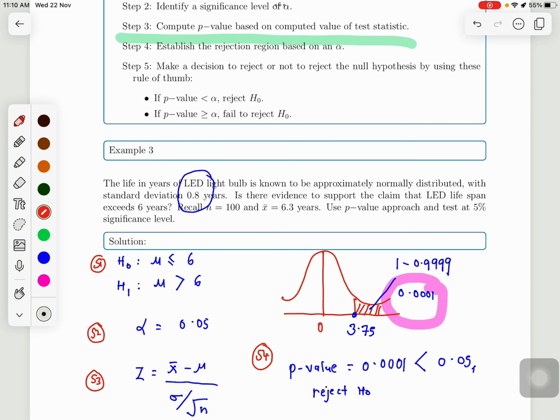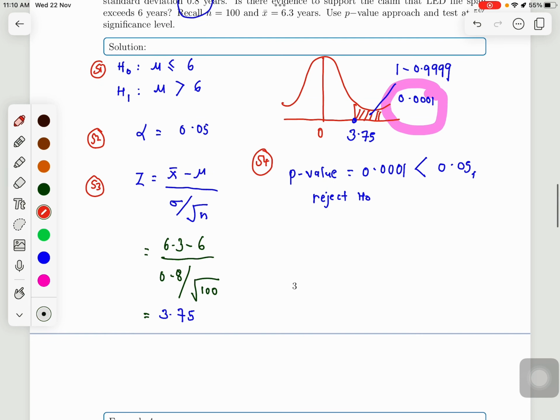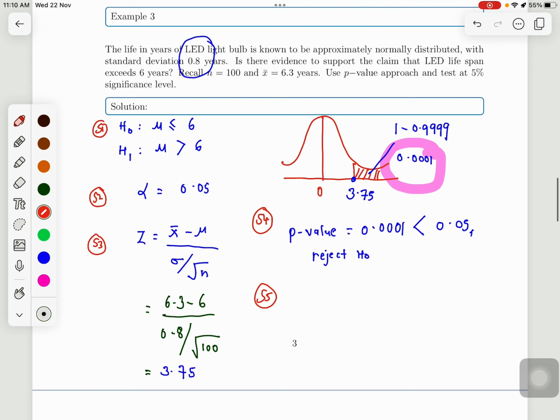Okay, so if we reject, so what can we say at the step 5, which is to make conclusion? Is there evidence to support the claim that LED lifespan exceeds 6 years? Of course. So because our decision is to reject H null, this is apa yang kita terima, alternative hypothesis, the claim for this question, which is greater than 6 years.